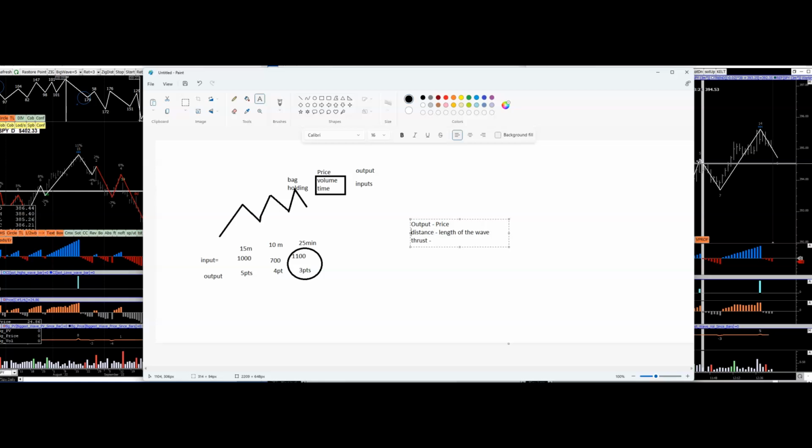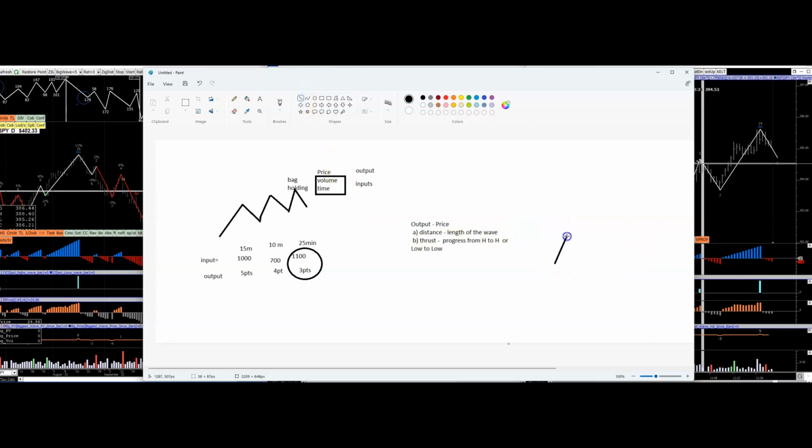So output needs to be considered as both. You have to see the distance of the wave and amount of thrust, which is the progress from high to high or low to low. Okay, so let's take a look at an example of that.